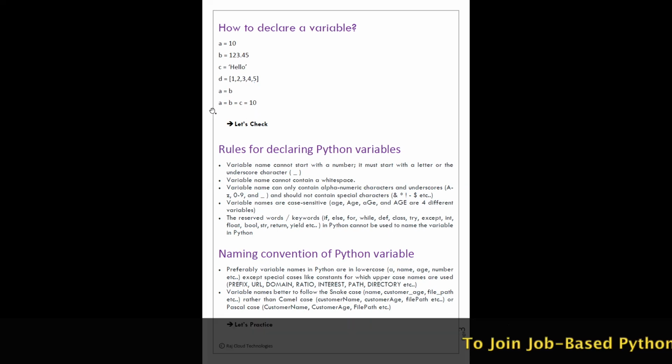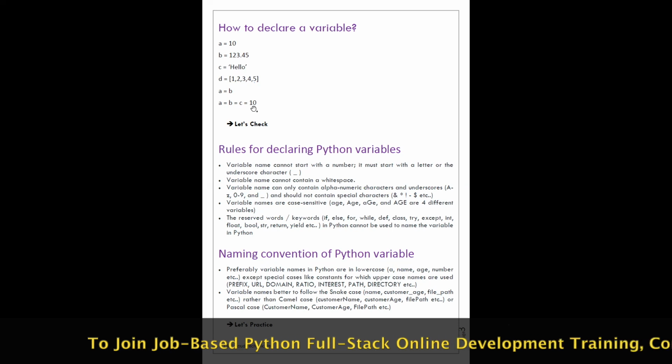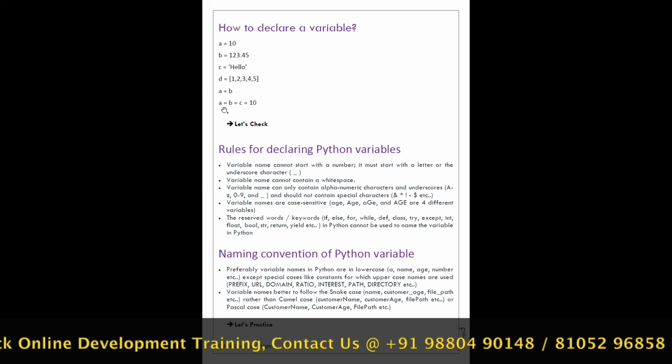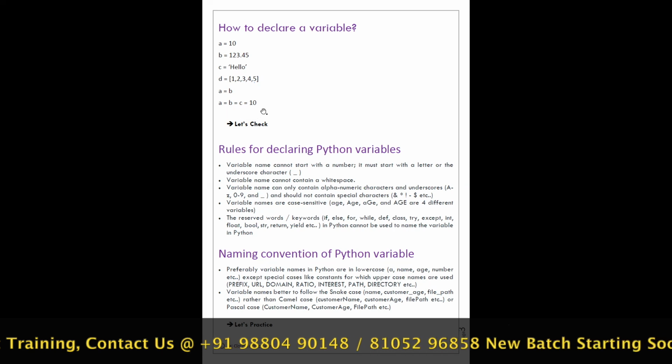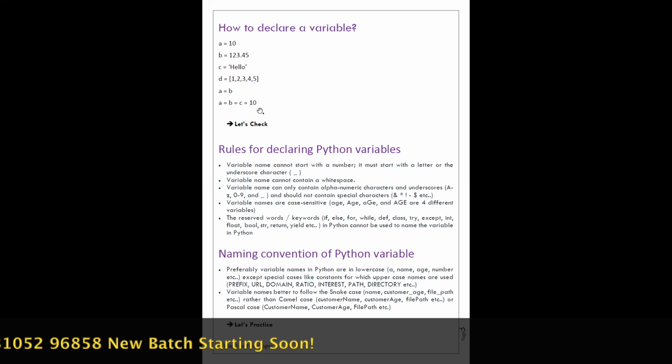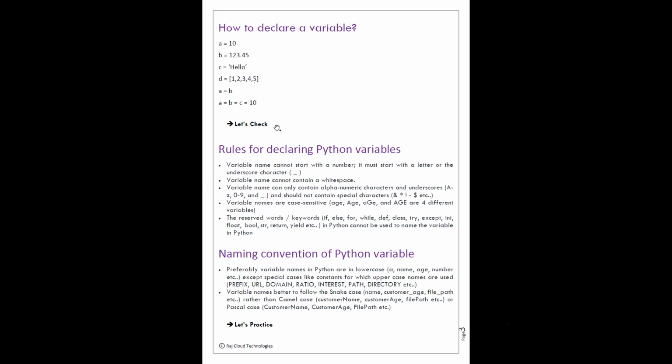If you want to declare 3-4 variables at a time with the same value, you can also do that by saying a equal to b equal to c equal to 10. So these are a couple of ways to declare the variables. Now we will check how to do that.